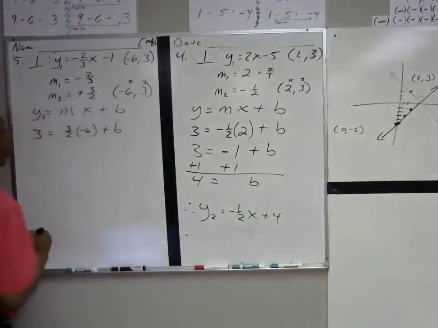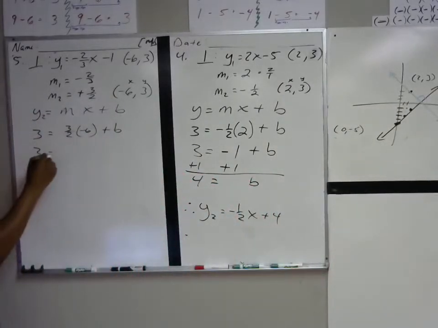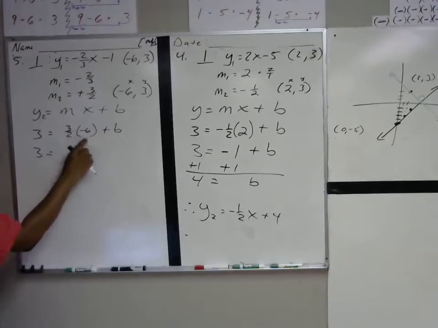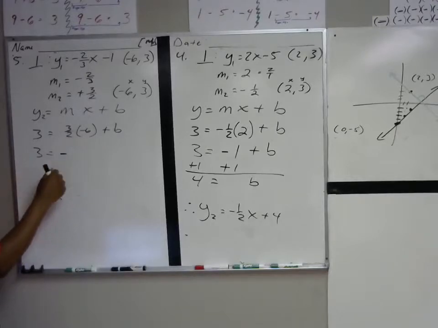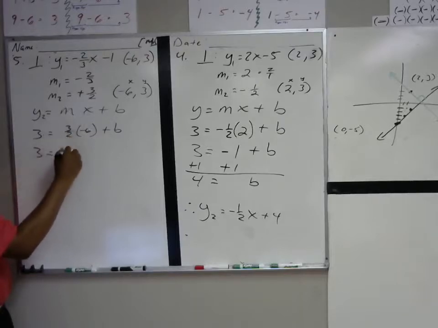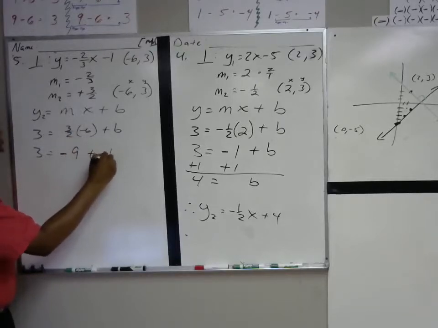So this will simplify. We have a positive times a negative, so that'll be a negative. And then we're going to have 6 divided by 2, which is 3, and 3 times 3 is 9, plus b.